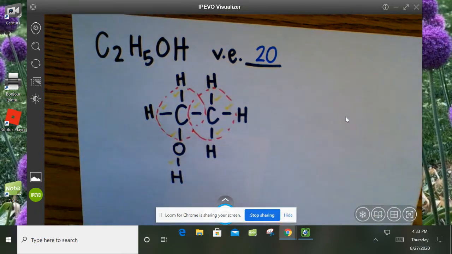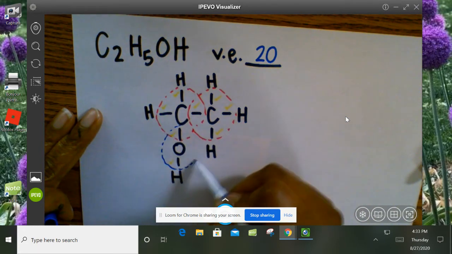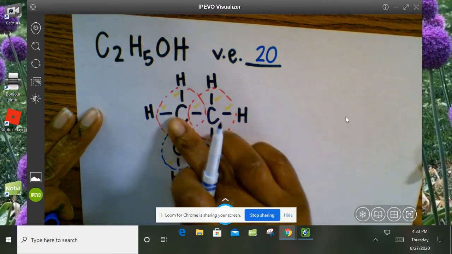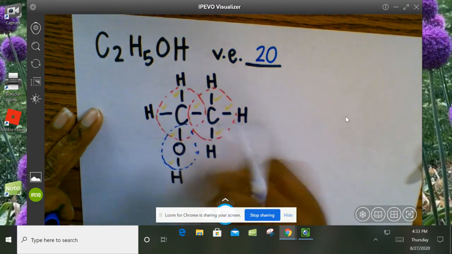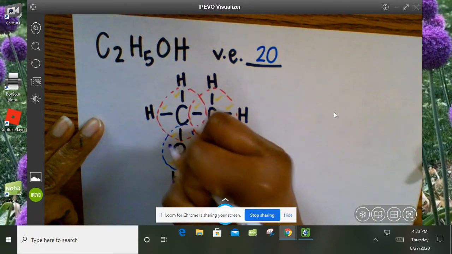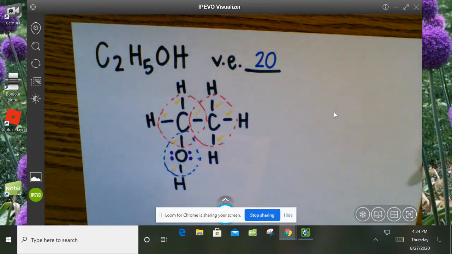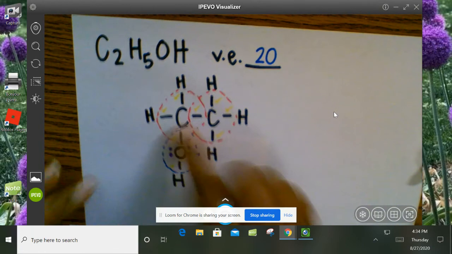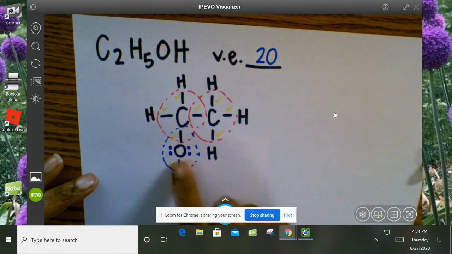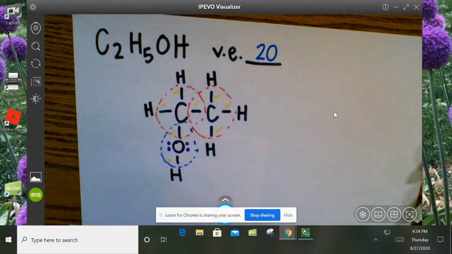Well, if I'm looking at the oxygen though, and when I say 4, I meant 4 bonded pairs, so it's actually 8 electrons. I only have 2 here, so I just have 4 electrons. So what I need to do is add the 2 extras, because I used 16, this makes 18, and that makes 20. Now I have 8 around here and around the other ones, and the hydrogens just have 2. So that's what happens when you're dealing with multiple central atoms.